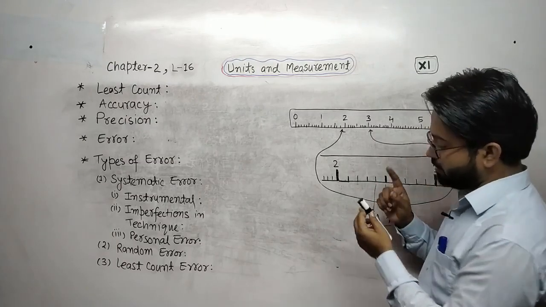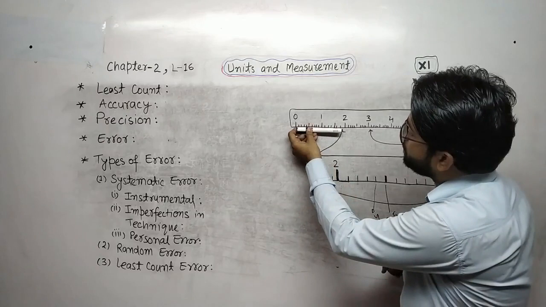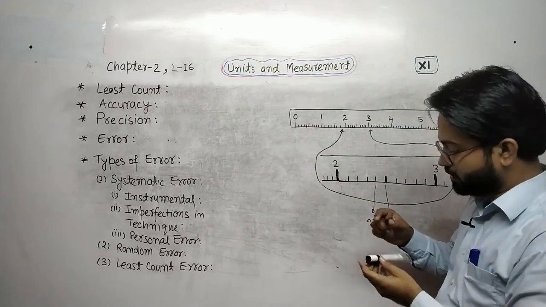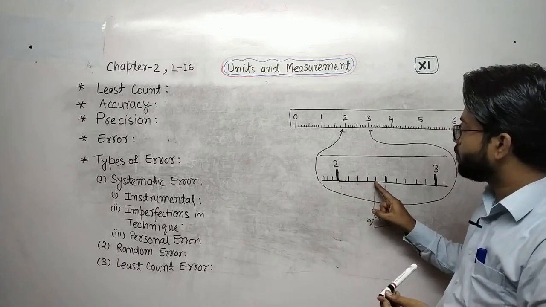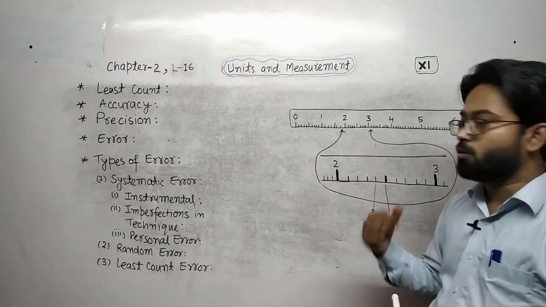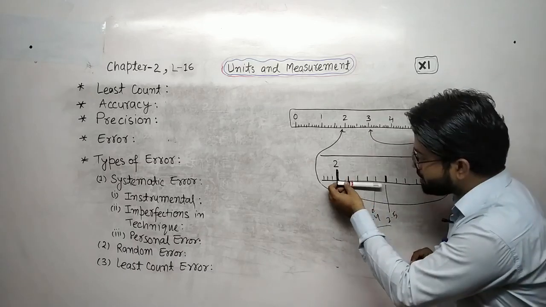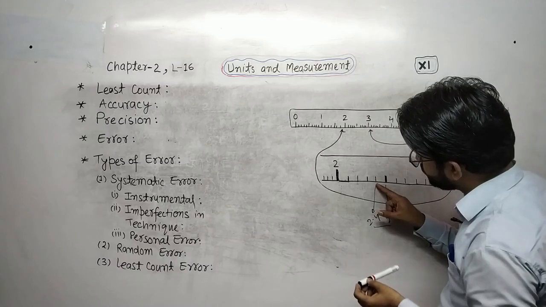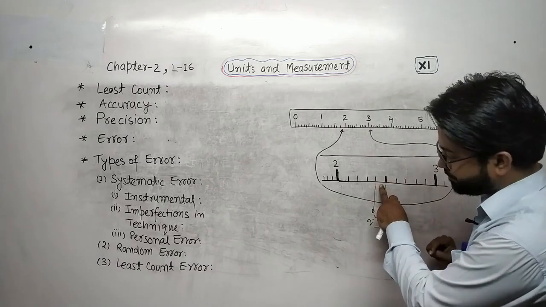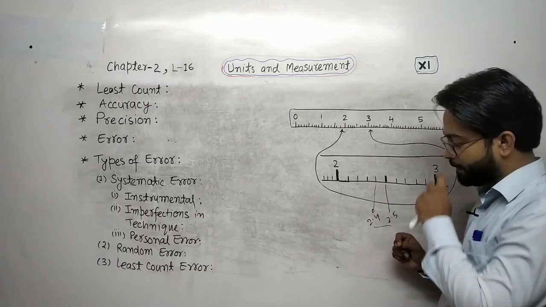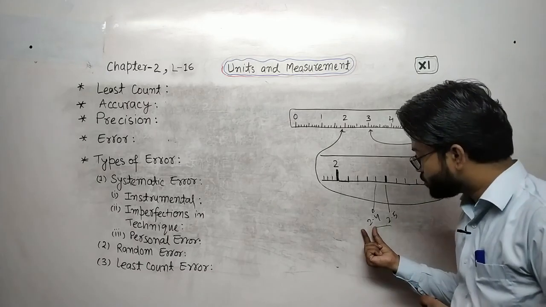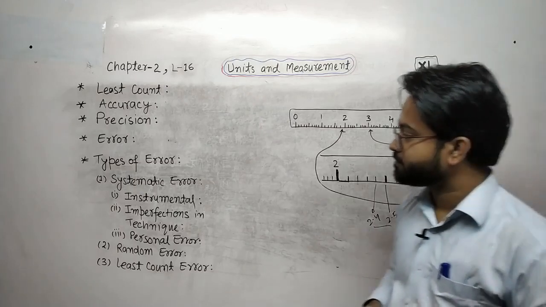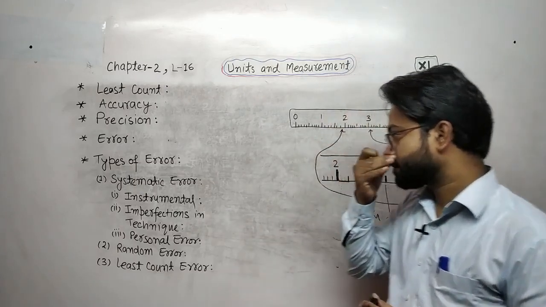If the initial point is at 0, then the marker of this length will be 2.4 or 2.5, because the end point of this marker lies between 0.4 and 0.5. What will you take? You may take 2.4 or 2.5. Okay, hope you are getting.